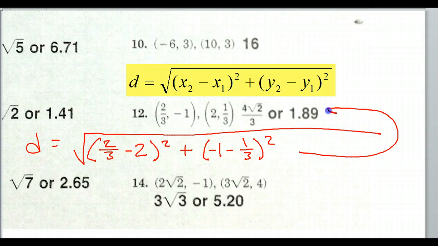So if I put that in my calculator, that should be this right here. So let's put it in the calculator and see. 2/3 minus 2.